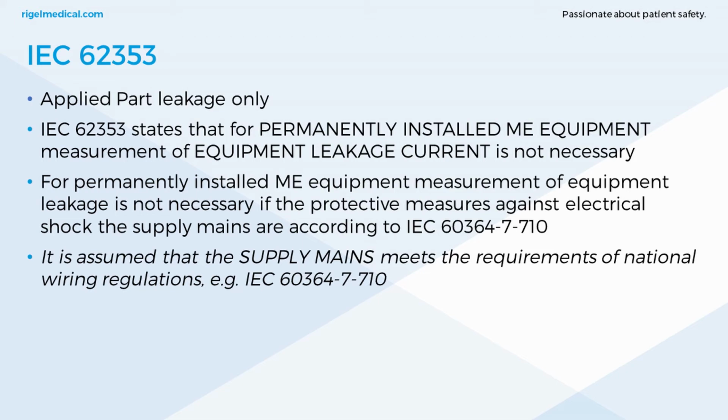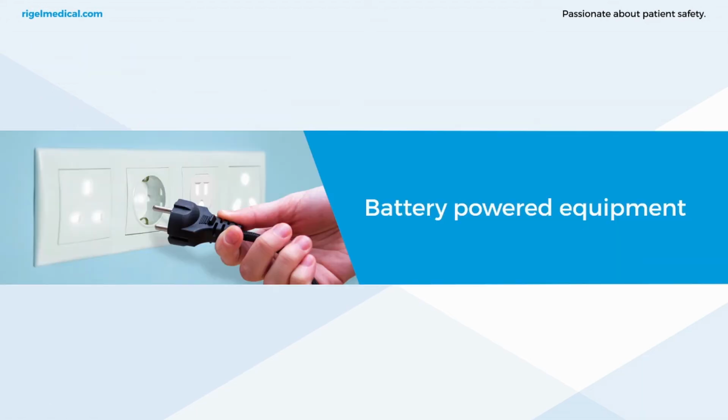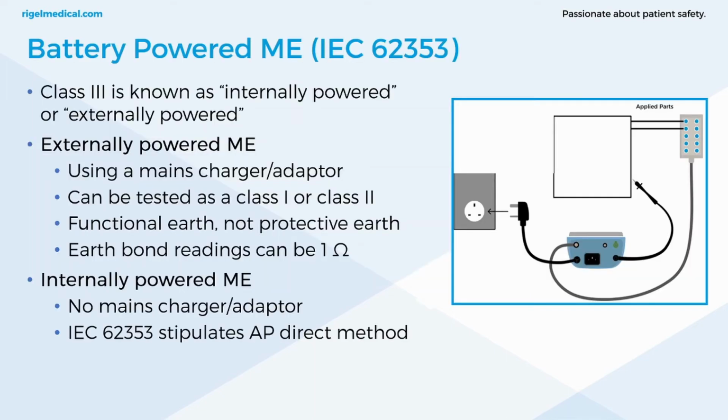It is assumed that the supply mains meets the requirements of national wiring regulations, e.g. IEC 60364-7-710. A common question in medical safety testing is about battery medical equipment. Class 3 is known as internally powered or externally powered.